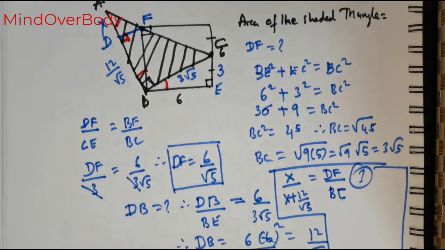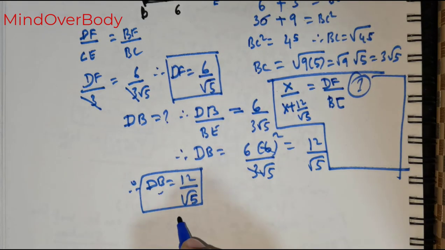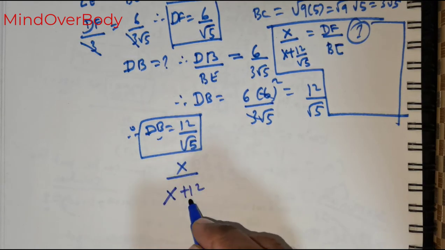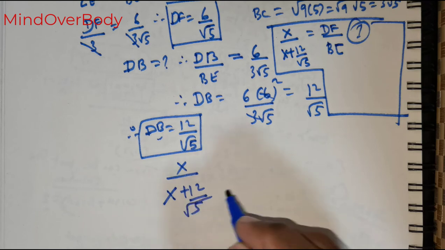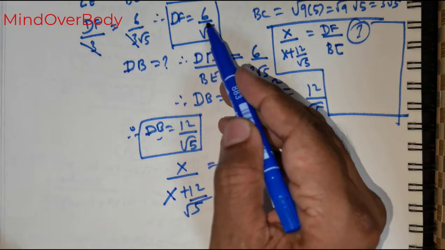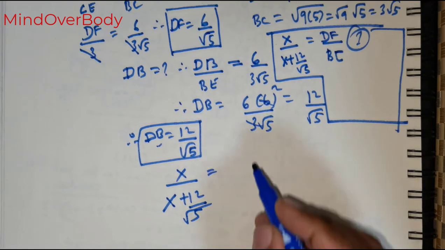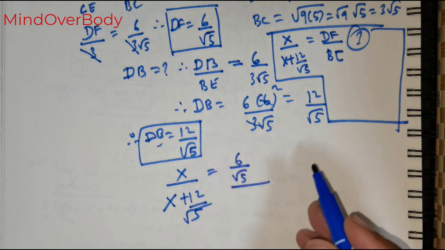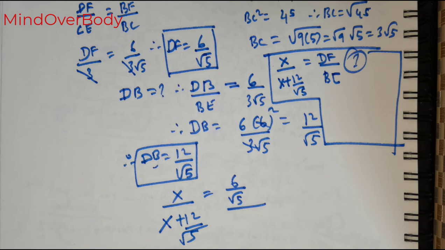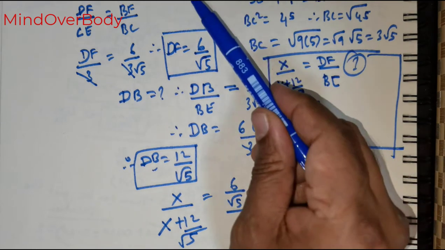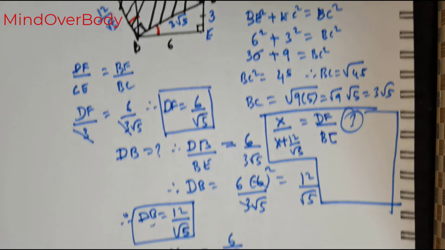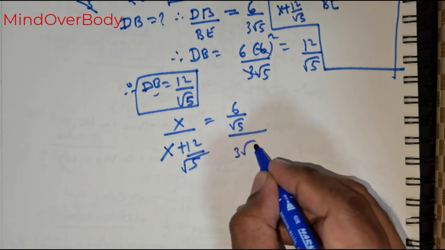Let me place in the values. x over x plus 12 over root 5 is equal to DF, which I've already found, 6 over root 5, divided by my BC. My BC is 3 times root 5. That's the value of BC.